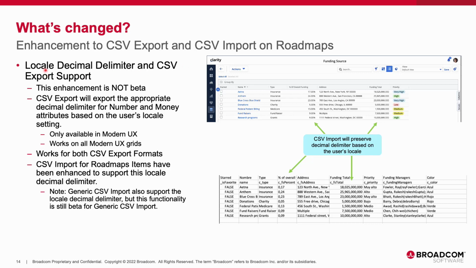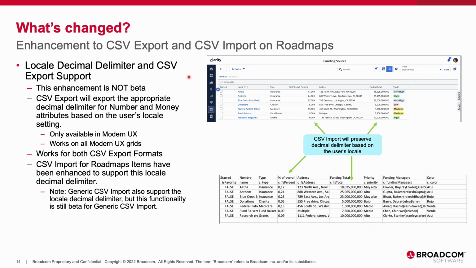One of the changes we've made is locale decimal delimiter support in the CSV export. Prior to this release, when we exported the CSV file, we didn't take into account the locale of the user. So it would always use a period as the decimal when it was exported, and there was no way to identify in the CSV file where the decimal actually started.